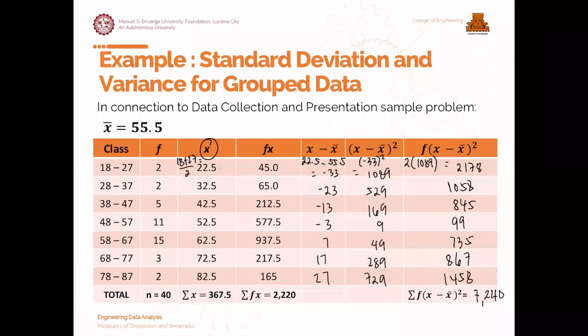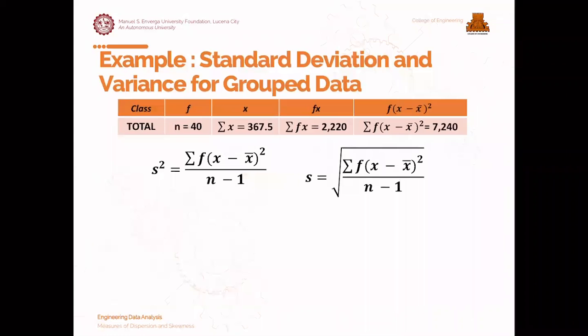Then, applying our formula for variance and standard deviation. So, yun yung mga values na calculated natin from the previous slide. So, sigma squared is equal to summation of f times (x minus x bar) squared, over n minus 1. So, we have 7,240 over 40 minus 1. So, variance natin is equals to 185.641.